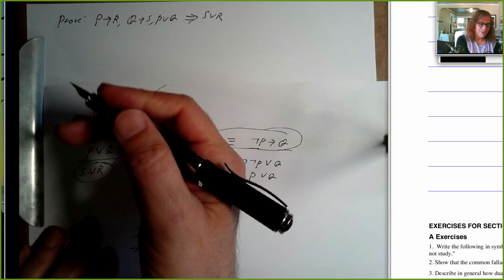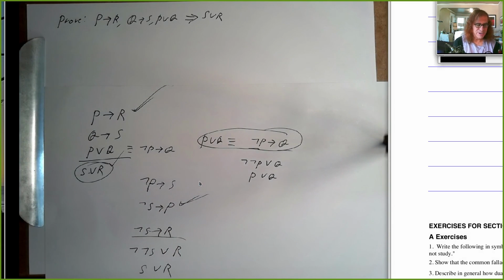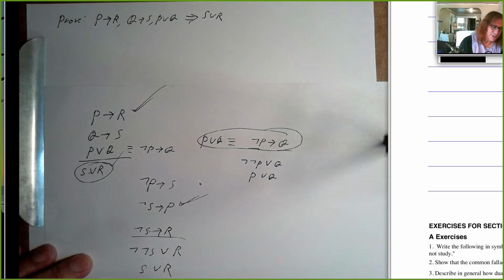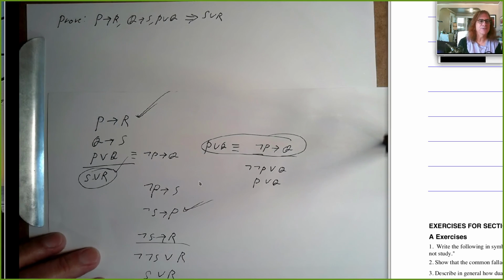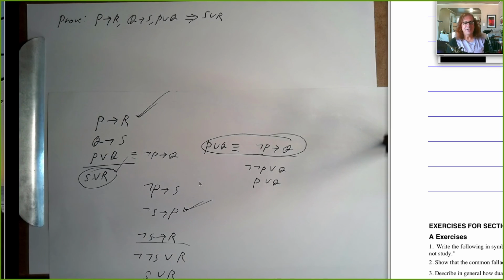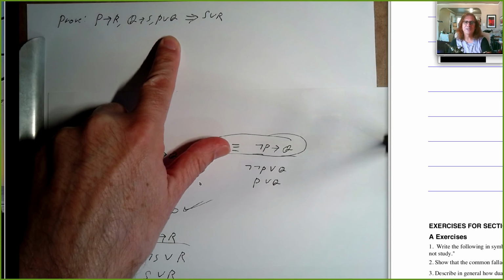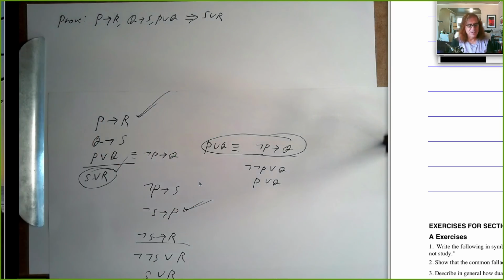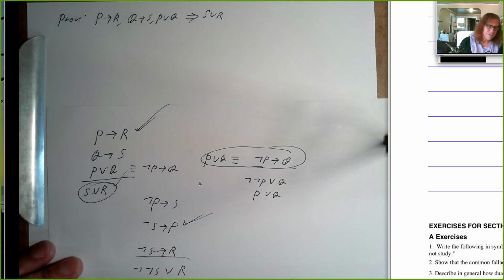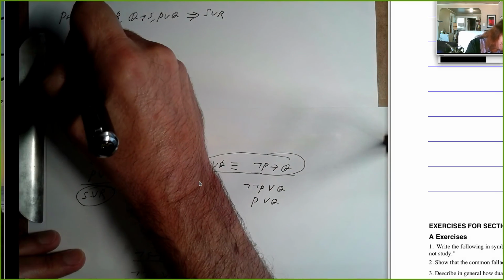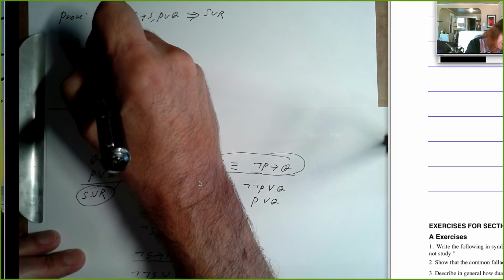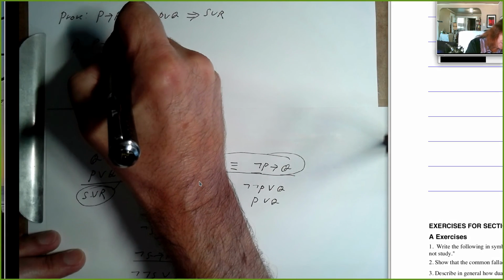All right, so how do we do this proof? Well, we are allowed to assume these three things. So I'm going to start off by writing down those three things. Sometimes you've got a red herring. Sometimes one of these things will have nothing to do with your proof. It's just thrown in there to trip you up. But I'm going to just write down these three hypotheses so that I have them in front of me and I know that I can use them. So I'm going to number each statement that I write, and each statement is going to be a proposition.